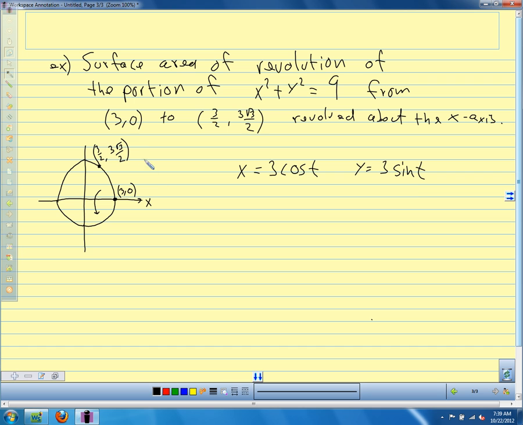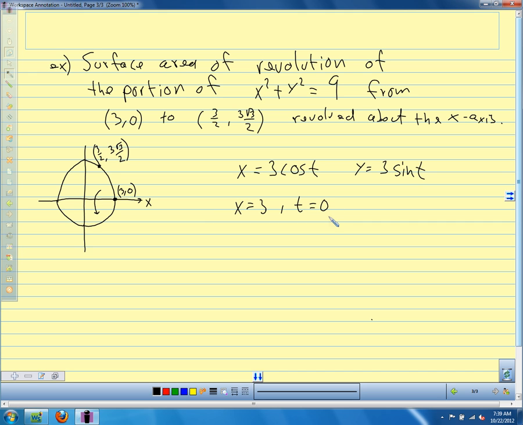We have our coordinates here expressed in terms of x and y. So next we need to express them in terms of t. So when x equals 3 corresponds to t equals what? T equals 0.